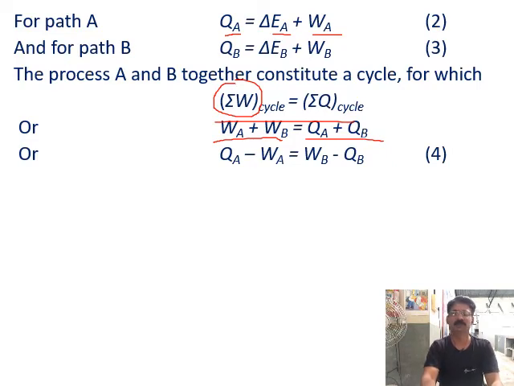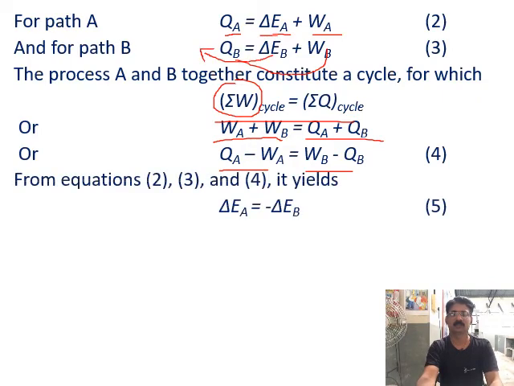So if you simplify this, you will get QA minus WA is equal to WB minus QB. Now from this expression 1, QA minus WA, so WA if it is taken to the other side, it becomes delta EA, whereas WB minus QB, so QB has to be brought to this side, and then delta E goes to the other side, so it becomes minus.